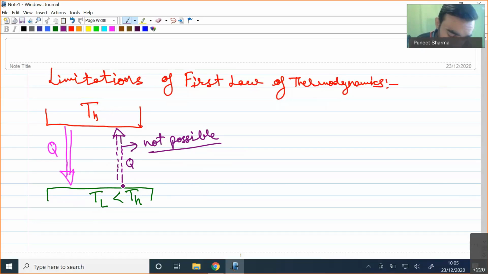So if we say that heat flows in this reverse direction, which I have represented with the dashed line, which physically is not possible, but for the moment we consider that it is possible, then the low temperature substance suffers a loss of energy of magnitude Q and the high temperature substance suffers the equivalent gain of energy. So we have conservation of energy, meaning the first law of thermodynamics is satisfied. However, this particular process is not physically possible.